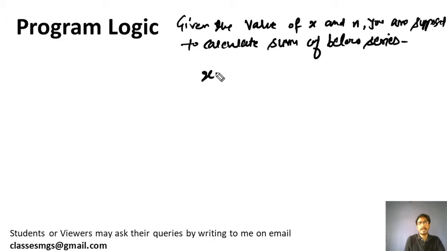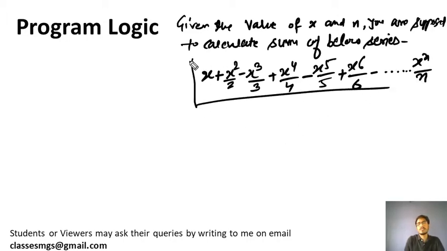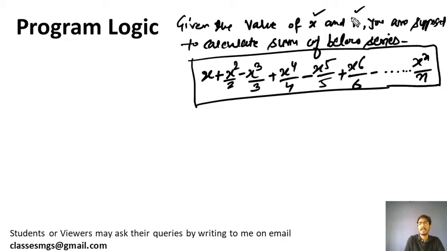The series is x plus x square divided by 2 minus x cube divided by 3 plus x4 divided by 4 minus x5 divided by 5 plus x6 divided by 6 and so on, up to xn divided by n. This is the series that we need to solve for the given values of x and n.